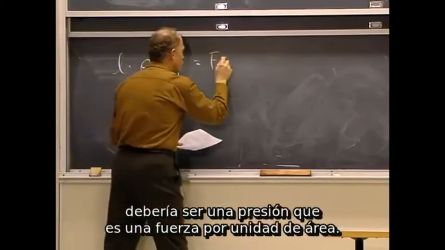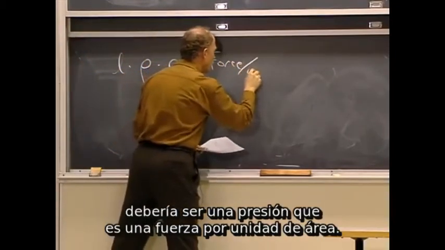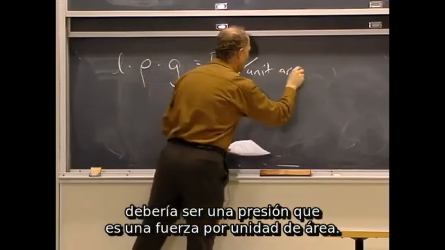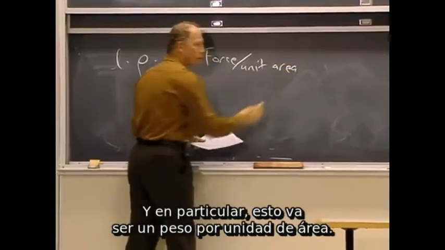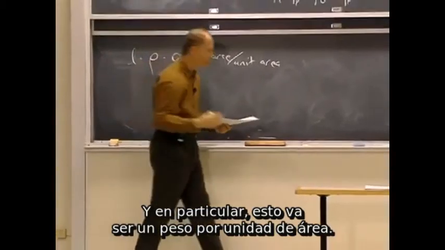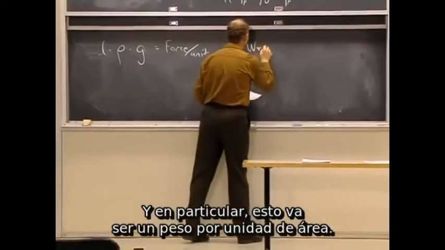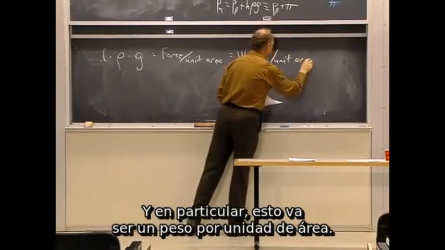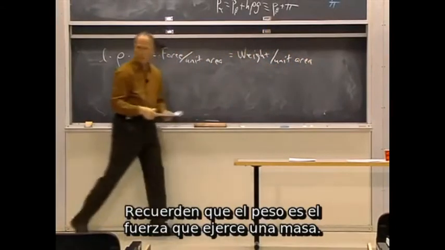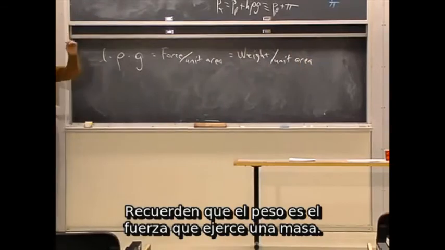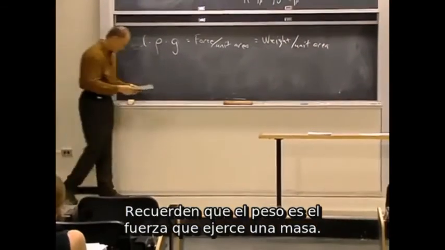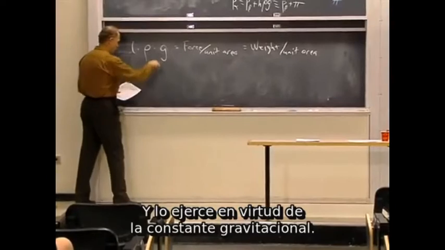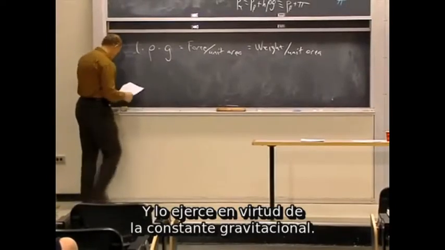It should be a pressure, which is a force per unit area. And in particular, this is going to be a weight per unit area. Remember, the weight is the force that a mass exerts, right? And it's exerted because of the gravitational constant.